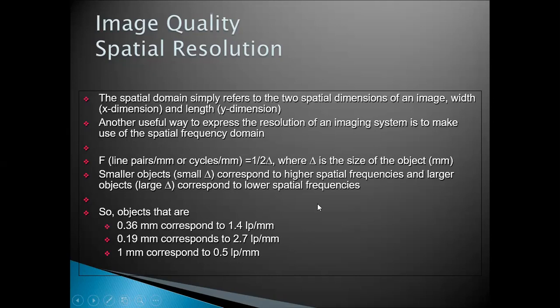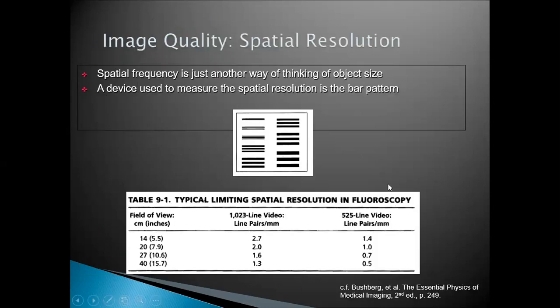So the bigger the object, the smaller the line pairs per millimeter required. That is, the bigger an object is, the smaller the spatial frequency, but the smaller the object, the bigger the spatial frequency. Spatial frequency is just another way of thinking of object size.